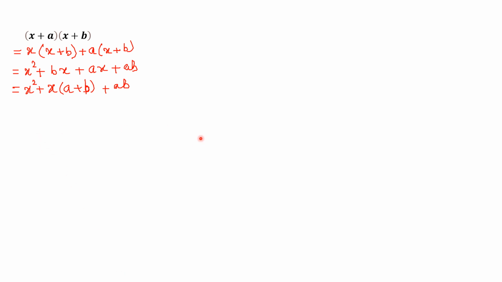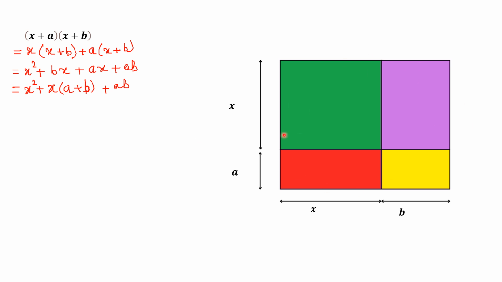Now let's see the geometrical representation. Here I have taken a rectangle whose length is x plus b and width is x plus a. So the area of this rectangle will be length into breadth, which will give me (x plus a) into (x plus b), right? I can say that the area of this rectangle will be equal to the area of these small rectangles or squares. The first one, this green part, is a square because this length is also x and this is also x.